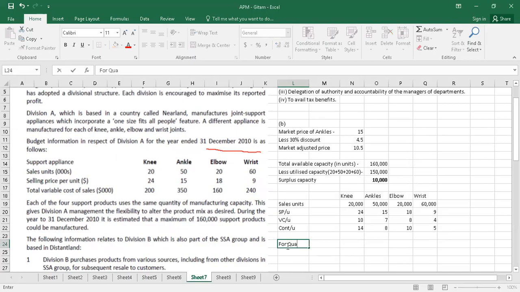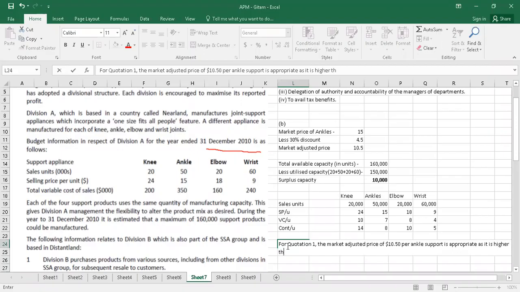For quotation 1, the market adjusted price of $10.50 per ankle support is appropriate, as it is higher than the marginal cost or the variable cost per unit.